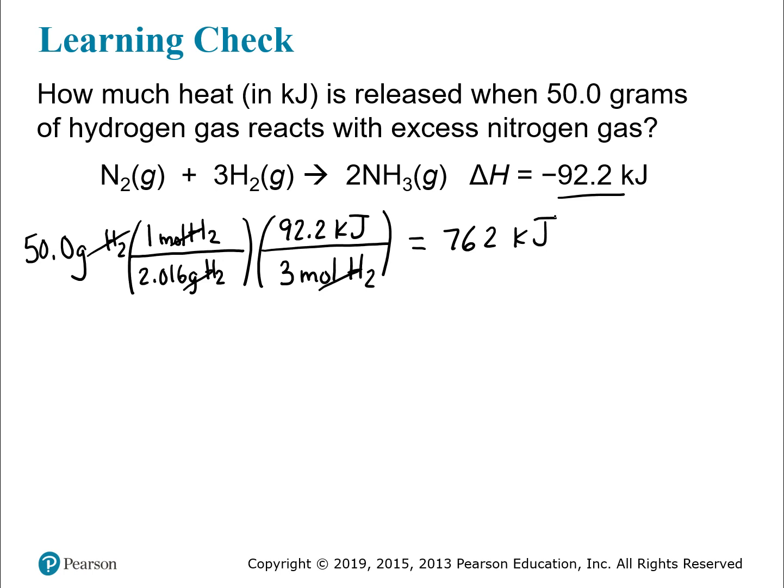And you should get something in the ballpark of 762 kilojoules released. So that's it for chapter 7. Are there any questions on this?